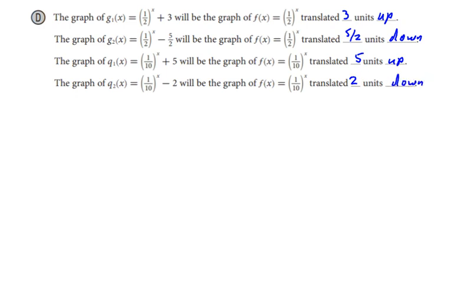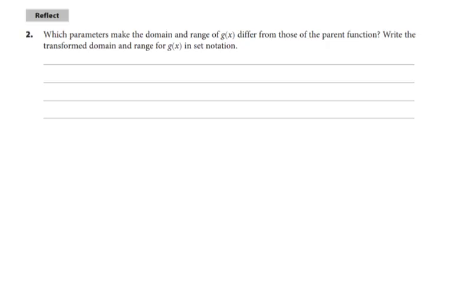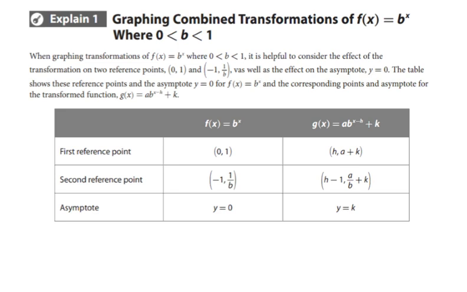But you should be quite familiar with these, as we've gone over many of these types of functions in the year. Okay, next, combined transformations. What they recommend doing is taking 2 reference points and translating them. The first reference point from the original graph is the y-intercept, (0, 1).